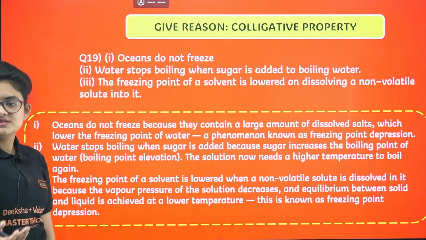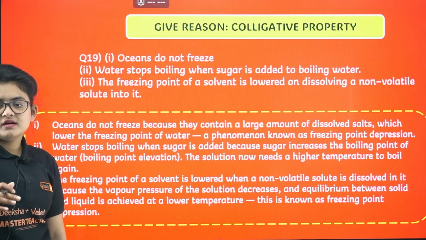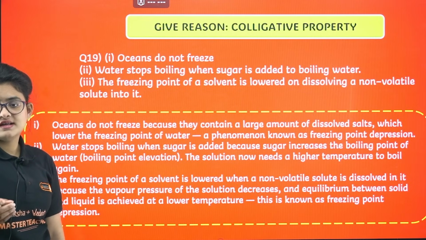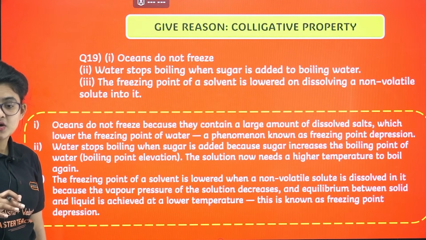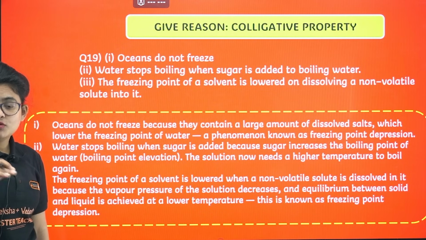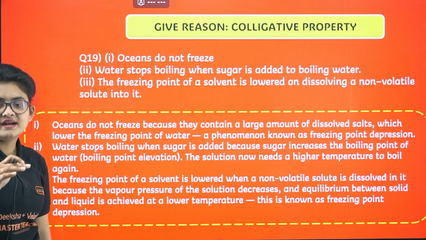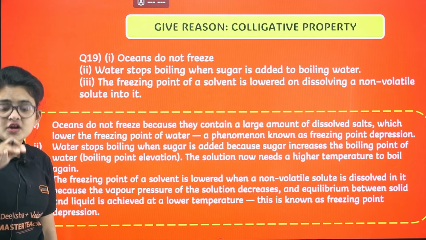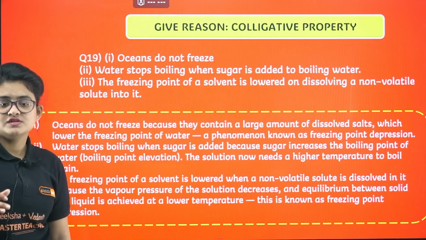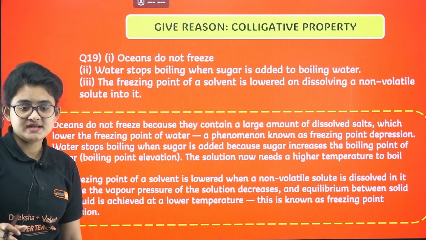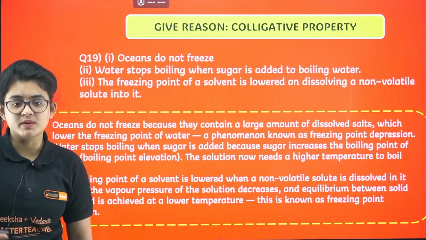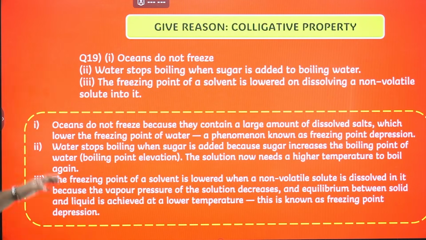Again the same thing, the freezing point is lowered when any kind of non-volatile solute is added, just because the vapor pressure decreases. As the vapor pressure decreases, the equilibrium between the solid and liquid is achieved at a lower temperature, right? That is called freezing point depression, which we observe as a colligative property. I guess it's clear to you. You can see the answer from here as well. Let's proceed.